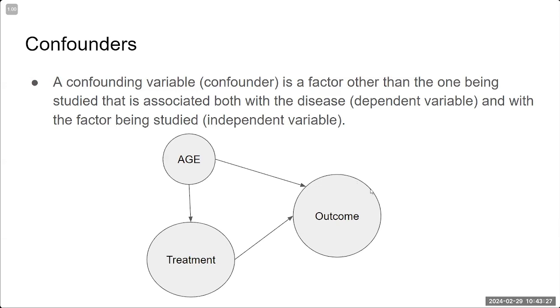We can think of it this way: if a person is very young, there is a high chance he will recover from a flu very quickly, and the treatment may work for elderly people very well. So there is an effect of this confounding variable on both the treatment and the outcome.